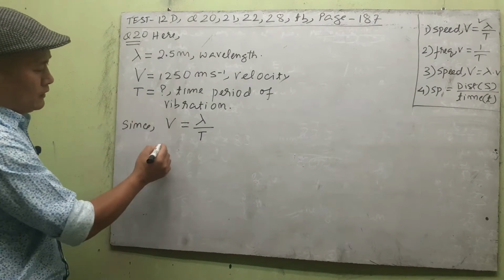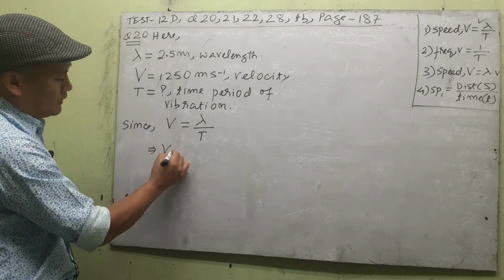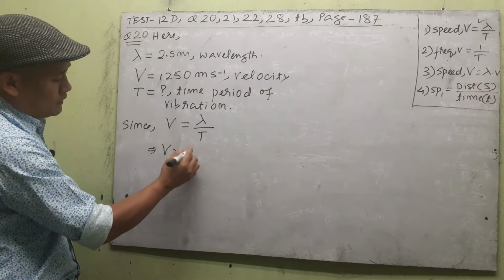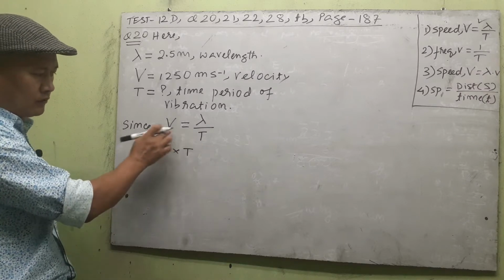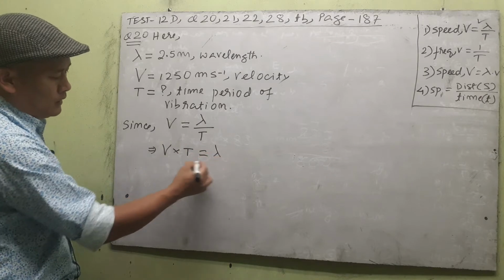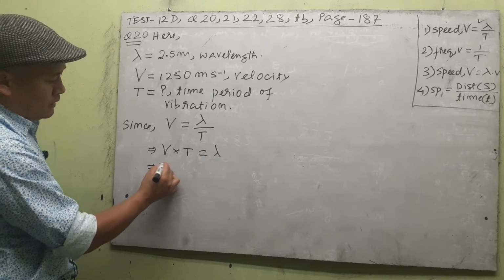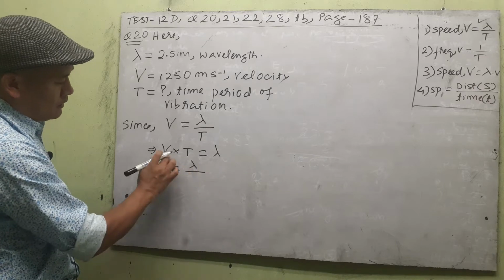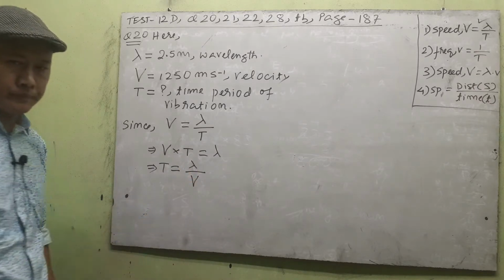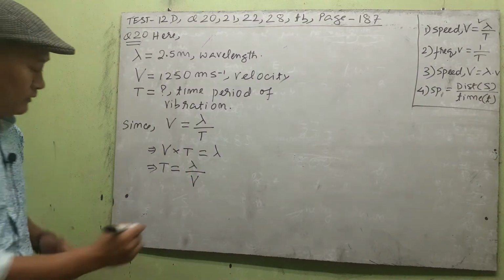And we need to find T. So let us shift this V to the other side, and T in the denominator will therefore go to the numerator. When you shift from right to left, we're left with lambda. Time period is what they're asking. So T on one side, and lambda divided by velocity V. It's just a matter of calculating carefully now.